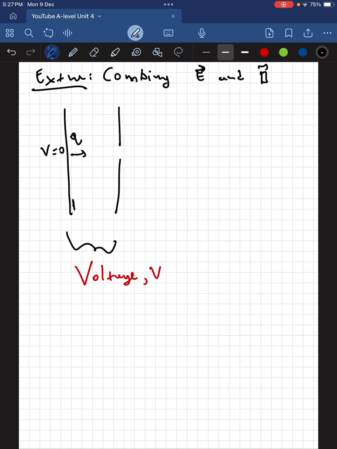So it starts on the left plate of some sort of a capacitor, and once it makes it to the right plate, it finds a hole that helps it pass through with some velocity v. Please don't confuse this v with the voltage. I'm gonna write the voltage with red color to avoid confusion. Okay, and let's assume that it travels in vacuum. It needs to be a vacuum because charged particles stop within a few centimeters, maybe meters of air. So this thing has to be in vacuum, okay?